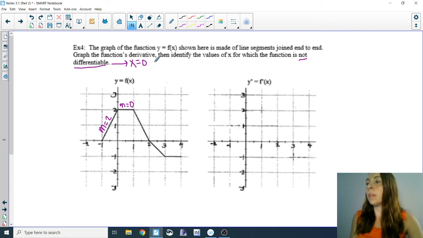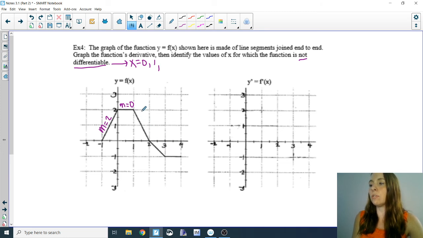So let's just establish all of those places where that happens. X equals 1 is another place, right? It changes from a 0 slope to a steeper decreasing slope, we'll just say for now. And so x equals 1 is another place where it's not differentiable. X equals 2 is a place where it's not differentiable, even though it seems like it's not a sharp turning point or a sharp change.